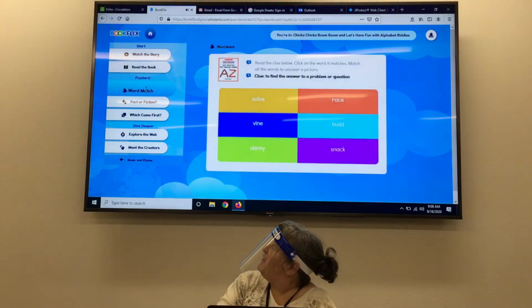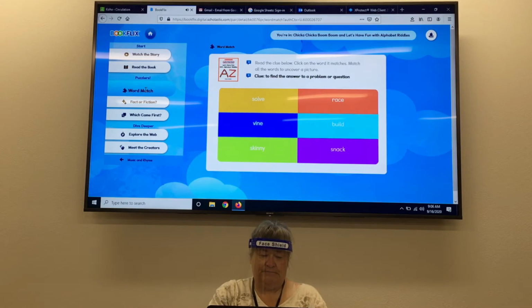Now underneath here it says below. Puzzlers. Click on the word it matches. Match all the words to uncover a picture. Here's the one word match. They will give you a clue. To find the answer to a problem or a solution.